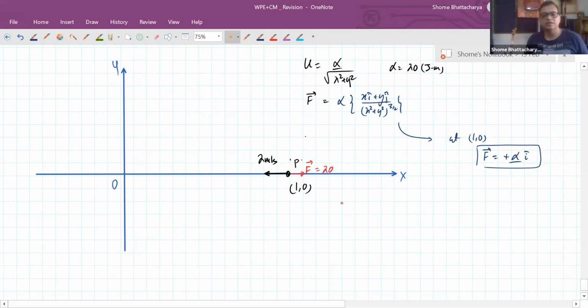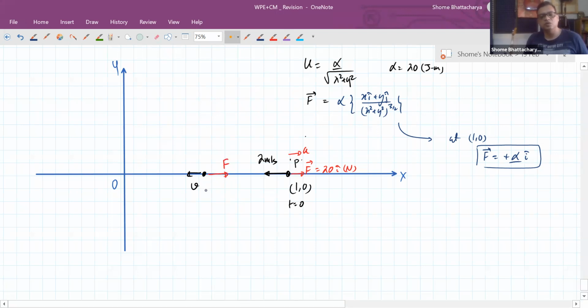So this will be 20 I cap in newtons, the force, because alpha was 20. So because of that, the particle will tend to decelerate. If it started from here at t equal to 0, by the time it reaches somewhere here, its velocity will tend to get less, but the force will tend to remain like this.